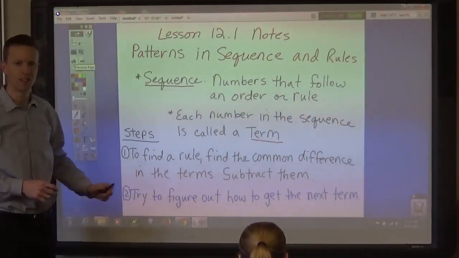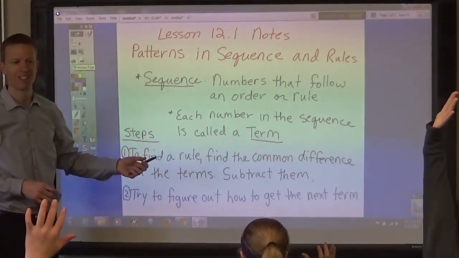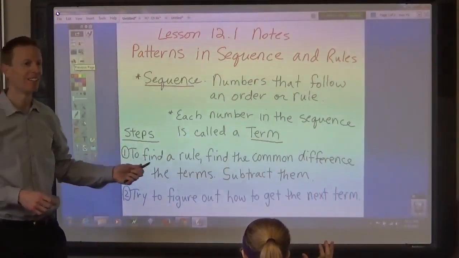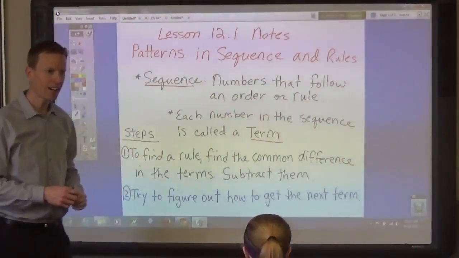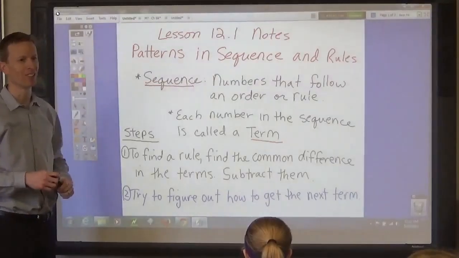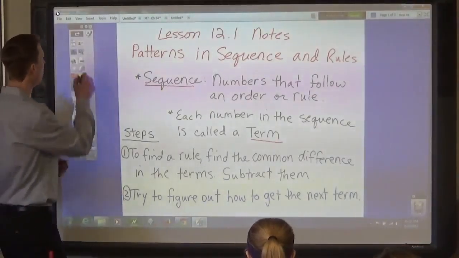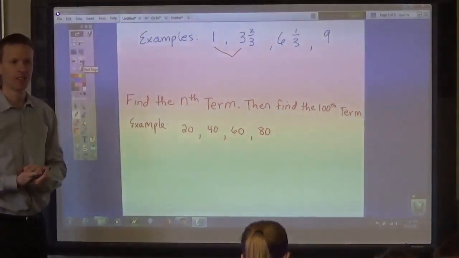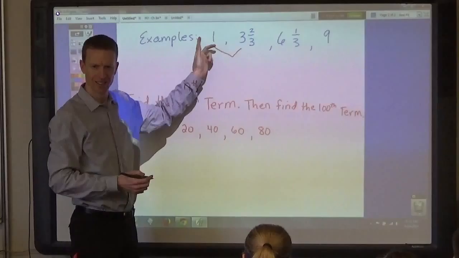What do we need to do? Amelia? Good. Subtract them. Yep. Put the Rubik's Cube away. Subtract them. So, go back to these numbers. Which one should we subtract? Should we subtract this way or this way?